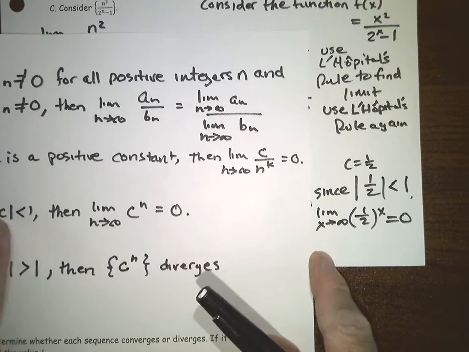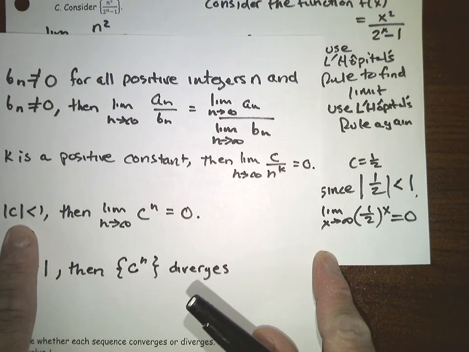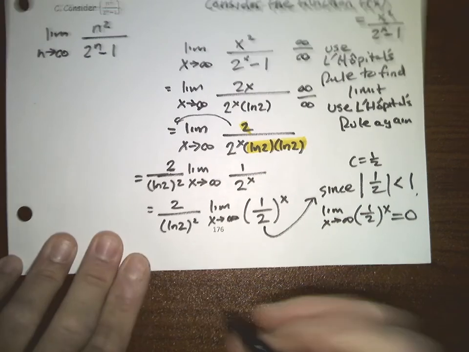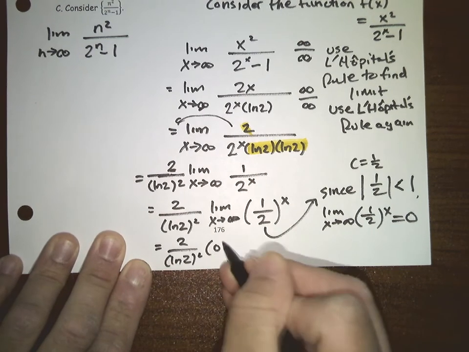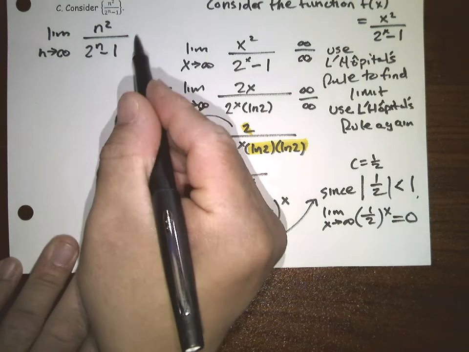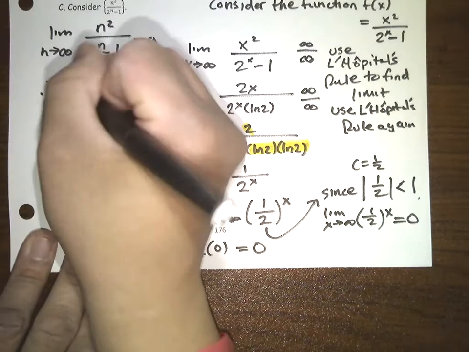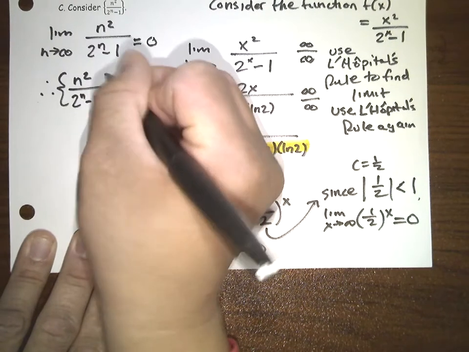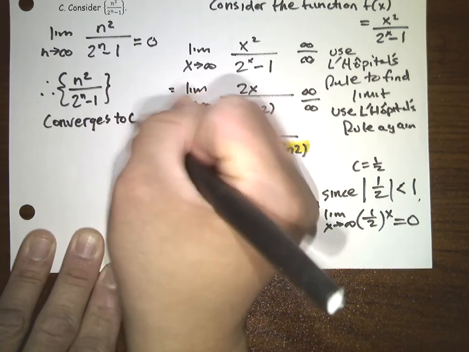If the absolute value of the base c is less than 1, then the limit is 0. So then we have 2 over natural log of 2 squared times 0, which is 0. So therefore, the sequence n squared over 2 to the n minus 1 converges to 0.